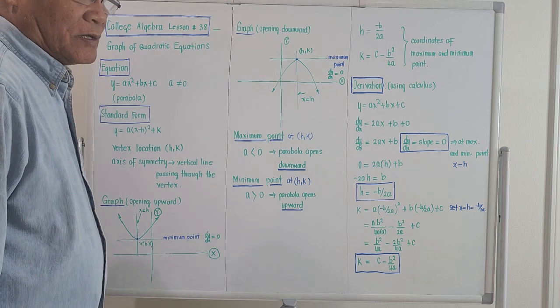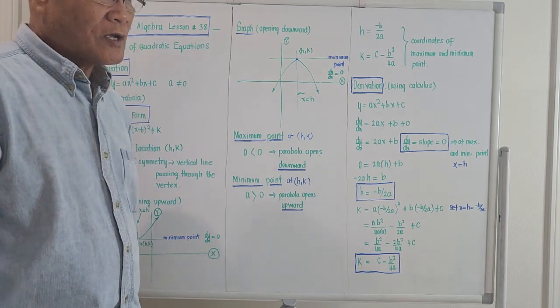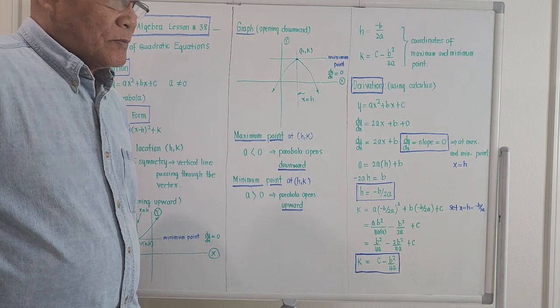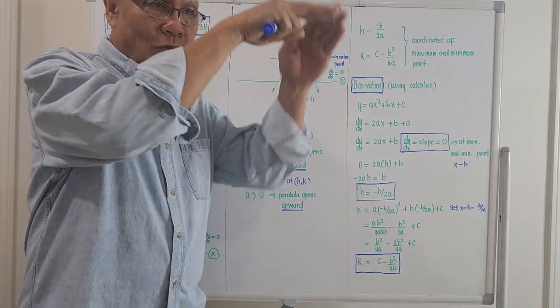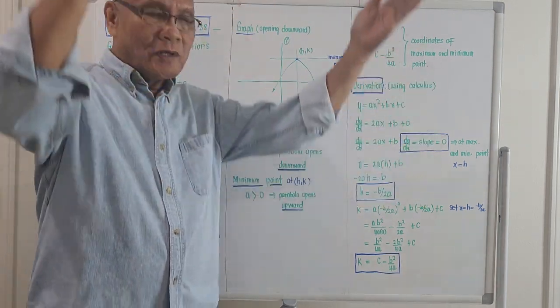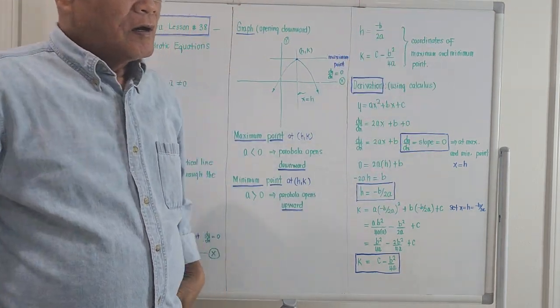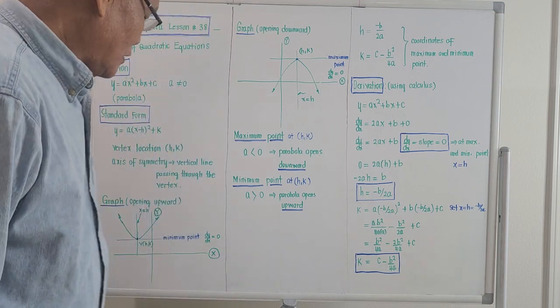In brief summary, the graph of a quadratic equation is a parabola. It could be opening downward or opening upward.